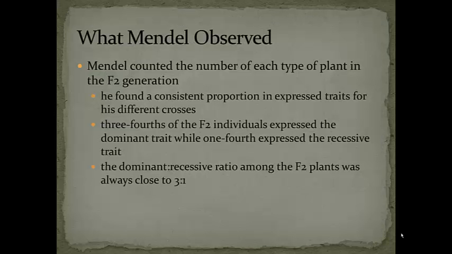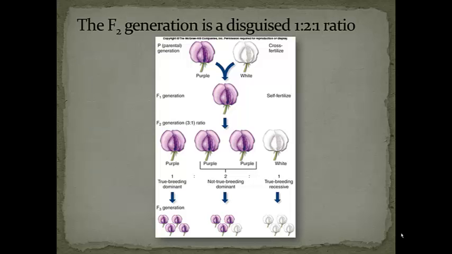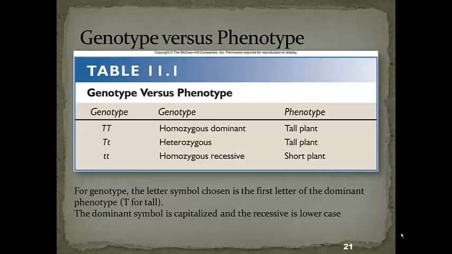Let's back up to where we were. Okay. So that's when Mendel kind of figured out genotype versus phenotype. Genotype refers to the actual genes that you're carrying. So big T, little t. Or you can describe it as homozygous dominant, heterozygous, homozygous recessive.